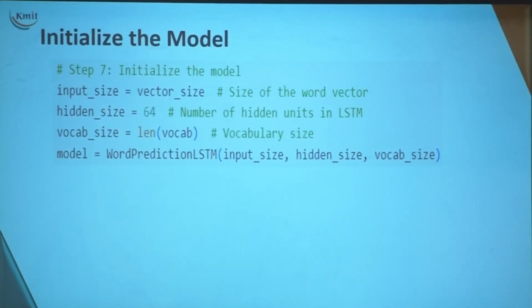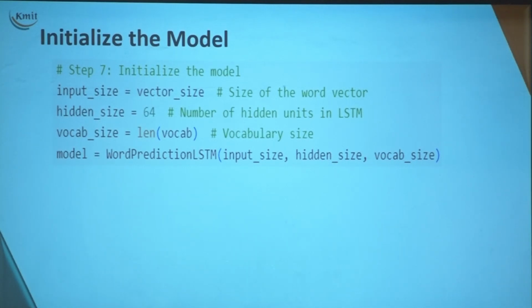Now, initializing your model is your next step. Once you have created your LSTM model, you will initialize it. Now I am applying what I have created. Input size is equal to vector size. Yes or no? How much did I give throughout? 50, no? That it will take.